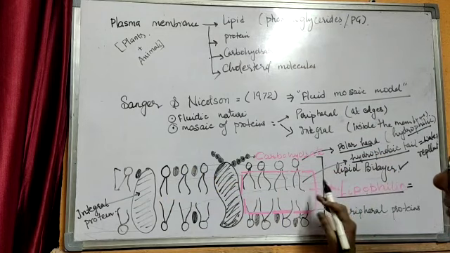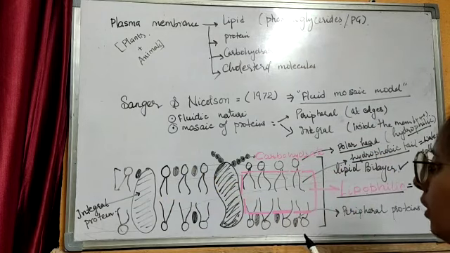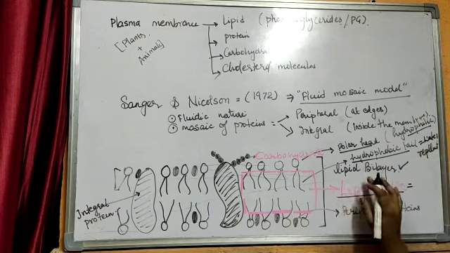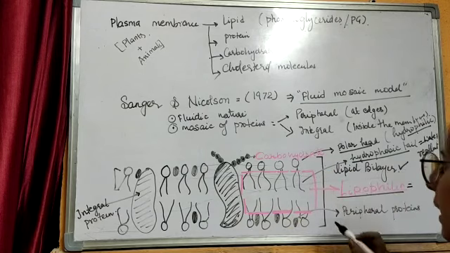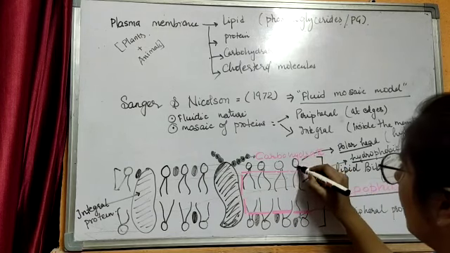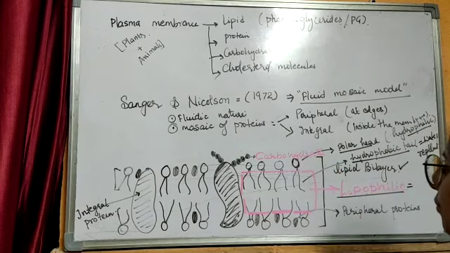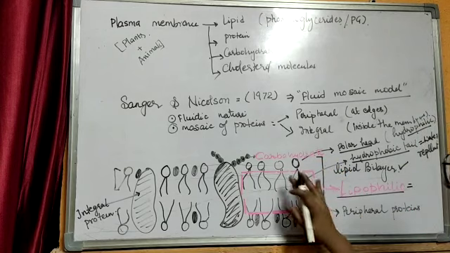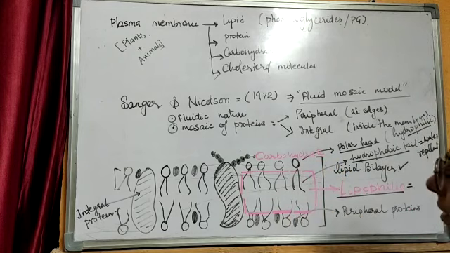When we put a lipid molecule in a fluid, it forms a bilayer, called the lipid bilayer. The head is hydrophilic, while the tail region is hydrophobic. Together they form the lipid bilayer.